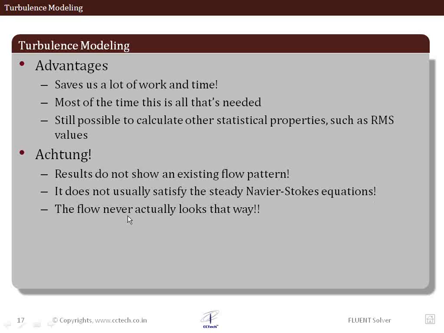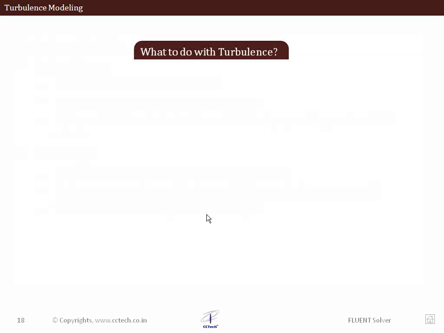And to be very clear about it, the flow never looks that way in the case of turbulent flows. But while this is fine as far as the real picture is concerned, turbulence models help us at least to approach the problem to a great extent with accuracy as far as predicting the pressure drop and mixing is concerned.